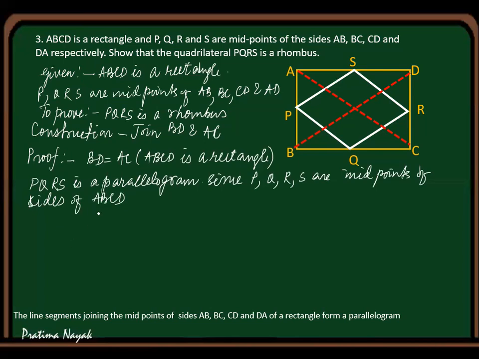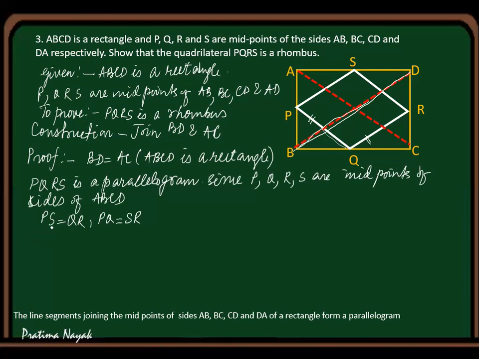When it is a parallelogram, the opposite sides are equal. So PS is equal to QR and PQ is equal to SR. The only thing left is to prove that these adjacent sides are equal. For this, I'm taking help of the midpoint theorem: PS is half of BD, and similarly PQ is half of AC.